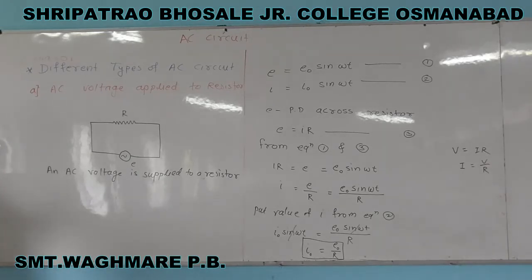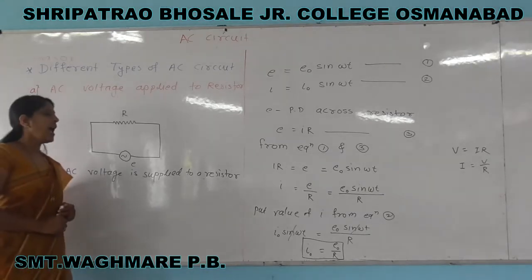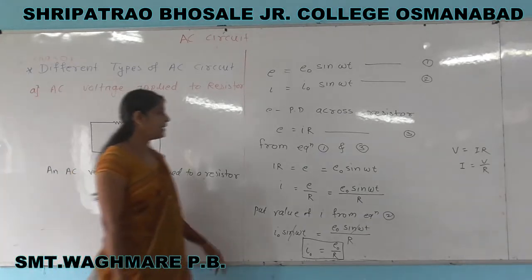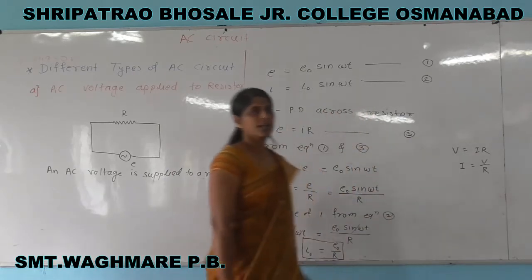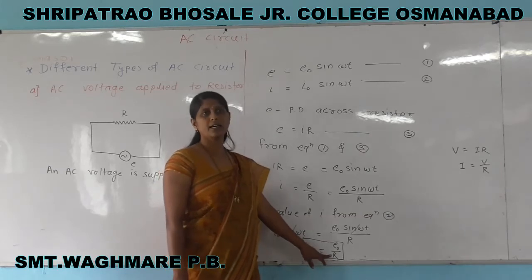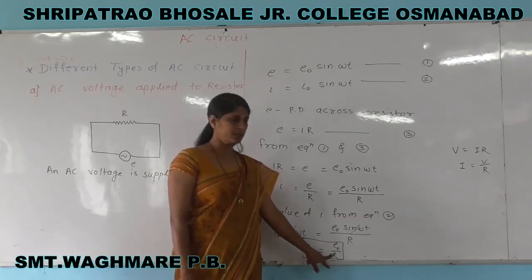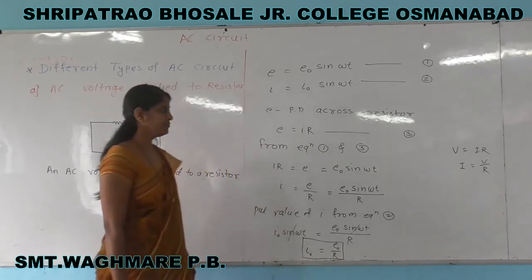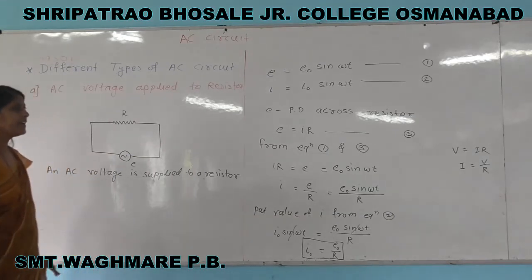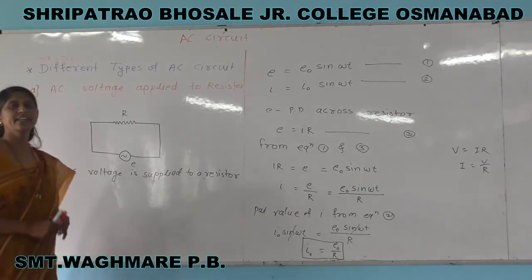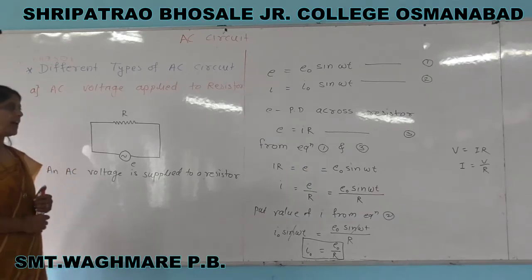Hence, R in DC and AC circuit is the same. We know that R opposes the flow of current. Here in this circuit, R also opposes the flow of current in the AC circuit. That is, this resistance plays the same role in AC and DC circuits, that R reduces the DC and also the AC.